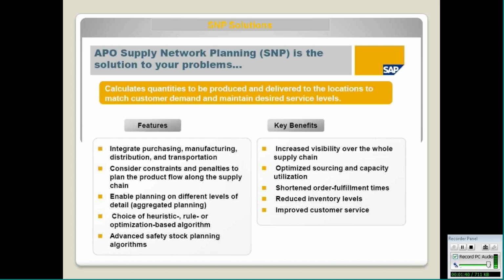In the planning, we will plan how I can match my forecast, whatever the results in the forecast. In the forecast, some might be manufactured in-house, or some we are getting from the vendor. For that we need purchasing.